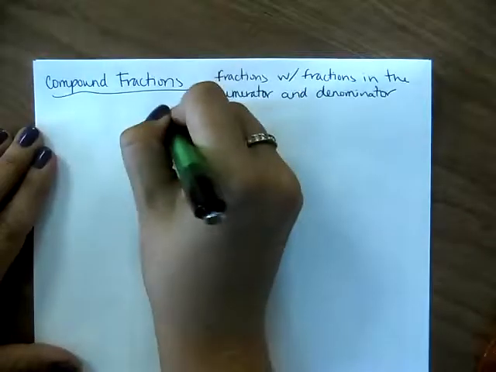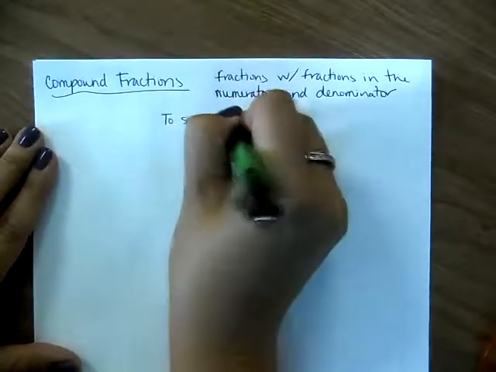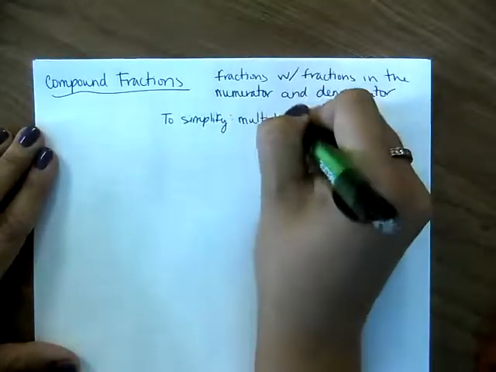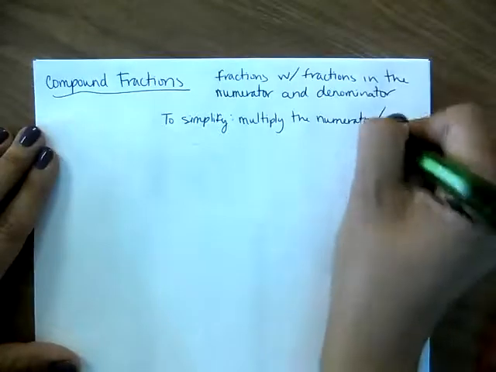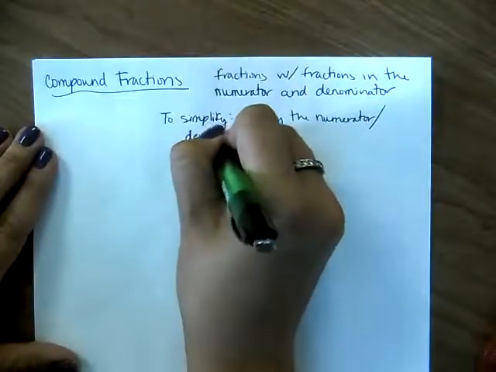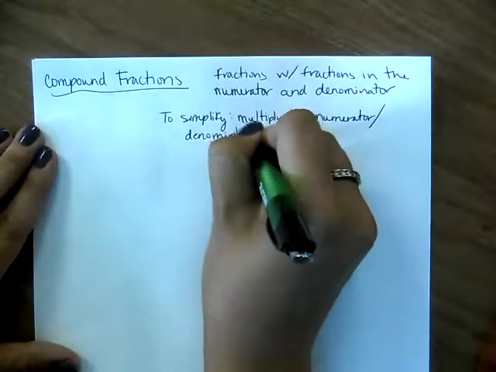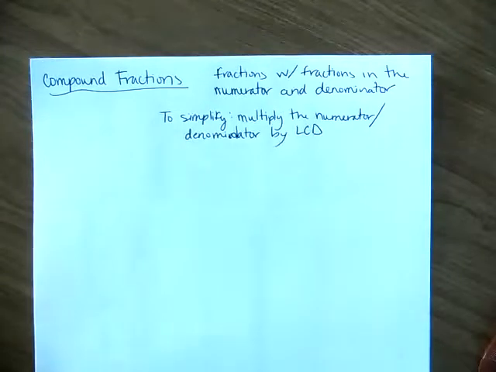Okay, in order to simplify them, you're going to multiply the numerator and denominator by the LCD, the least common denominator.